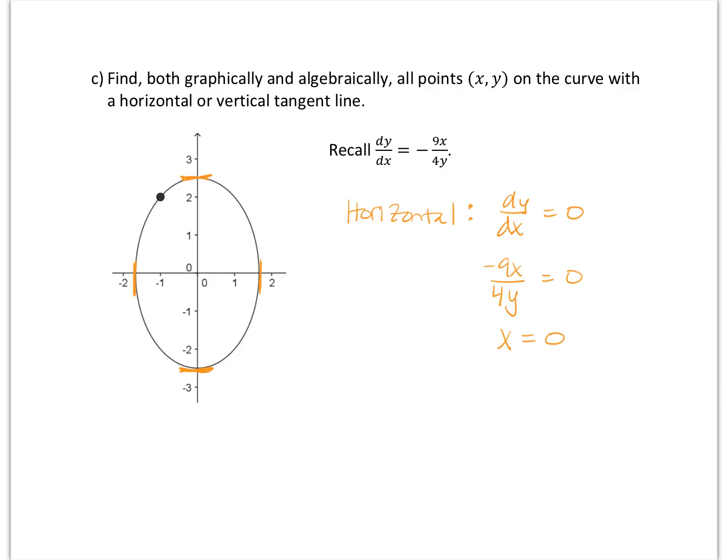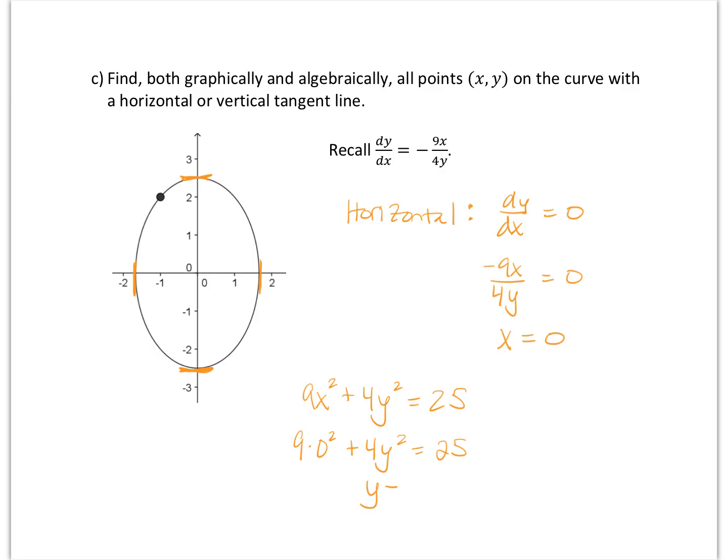So when x is 0, I have horizontal tangent lines, and I need to know the y values. I could get those from the original equation of the curve, which was 9x squared plus 4y squared equals 25. I'm going to put in x equals 0 and find out what the y is in those locations. So 9 times 0 squared plus 4y squared equals 25.